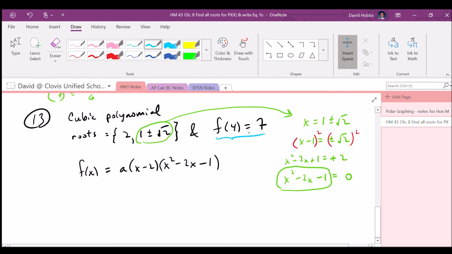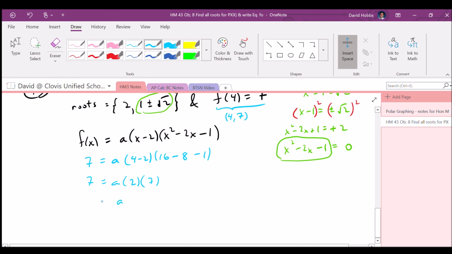Okay, we do need to solve for a. Don't forget this f of 4 equals 7. That's (4, 7). So 7 equals a times 4 minus 2, 4 squared, which is 16, minus 2 times 4, minus 1. So 7 equals a times 2 times 7.